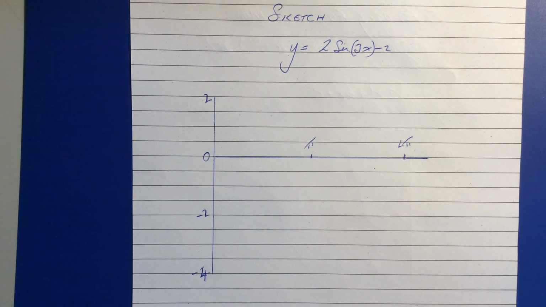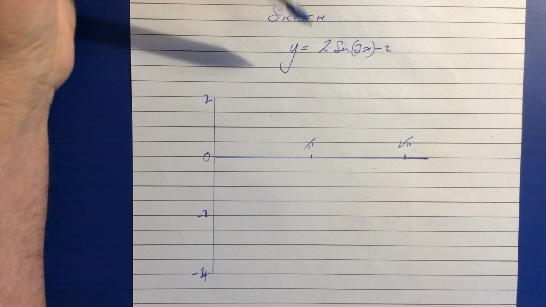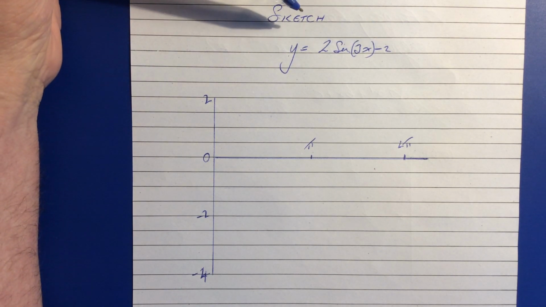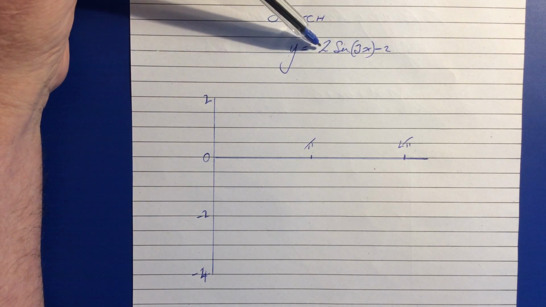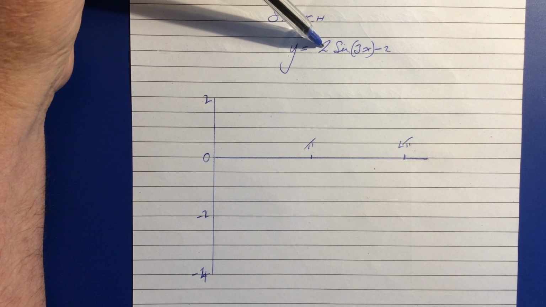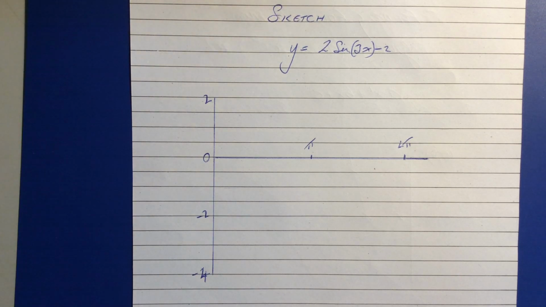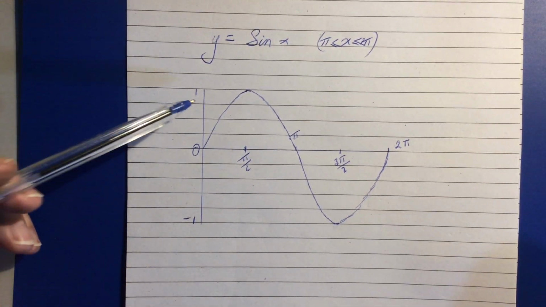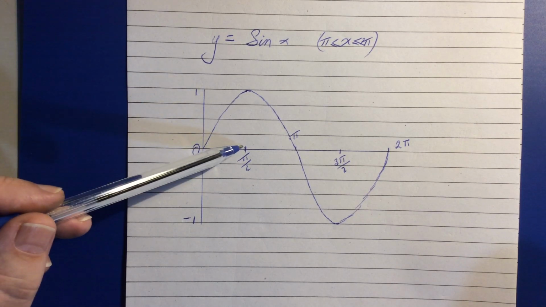Now the first thing that I want to do is to talk to you about what each of these numbers does. The first thing is that this 2 here has an effect upon the amplitude of the graph. The normal amplitude of a sine graph, I've got one here which I've drawn earlier, is 1.